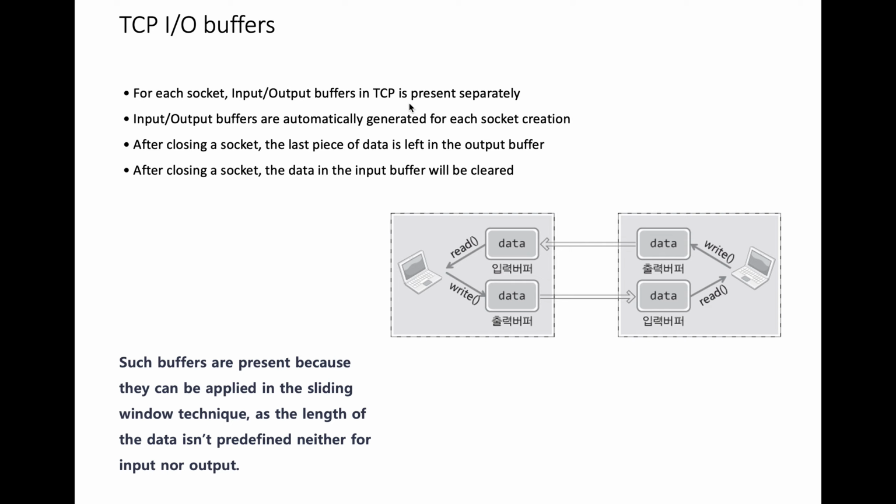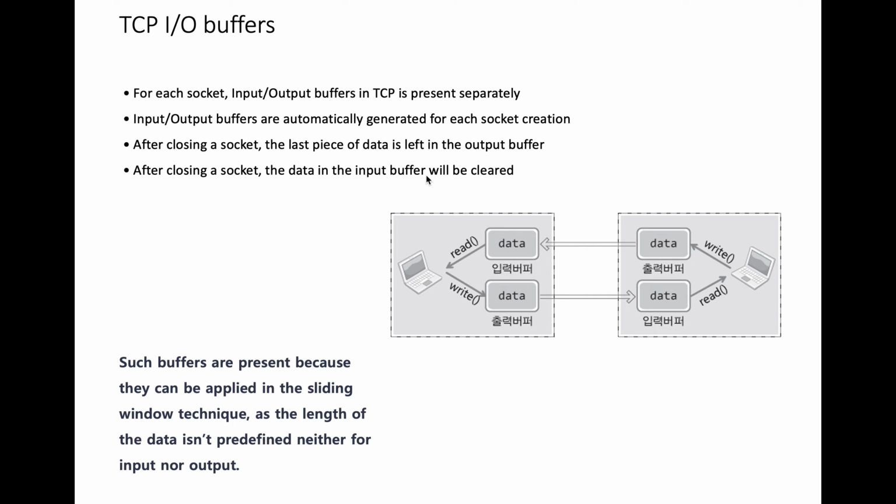So TCP has its own internal input-output buffer. And input-output buffers are automatically generated for each socket creation. Whenever you create a socket, you will have two buffers for input and output. After closing a socket, the last piece of data is left in the output buffer. So you have to know, by intuition, that if you close a socket, there will be information left over inside your buffer.